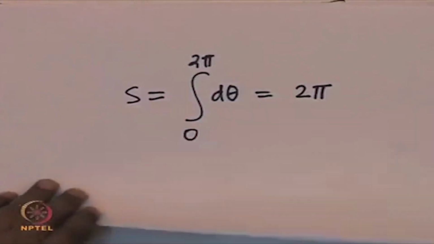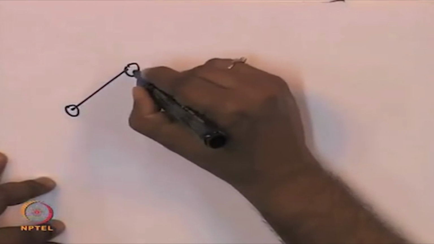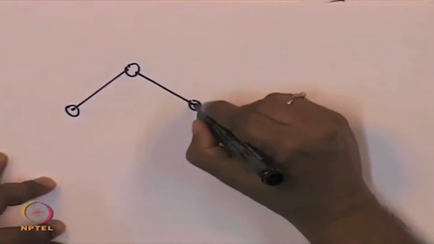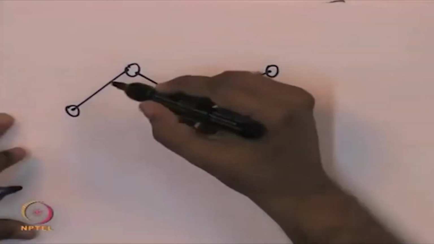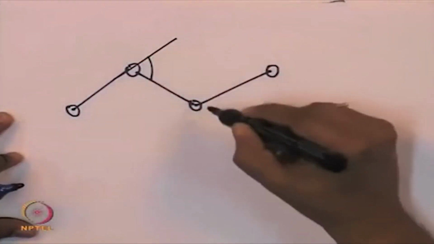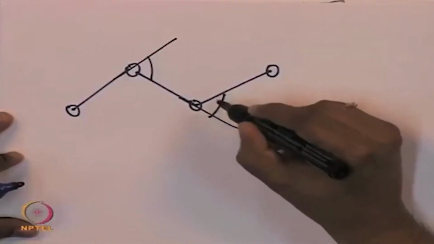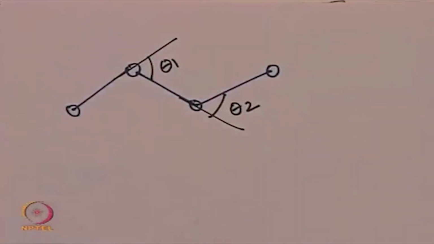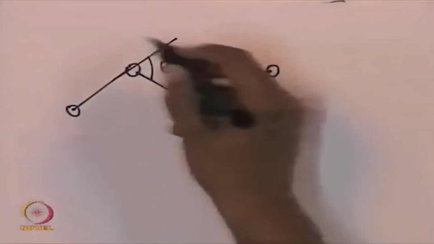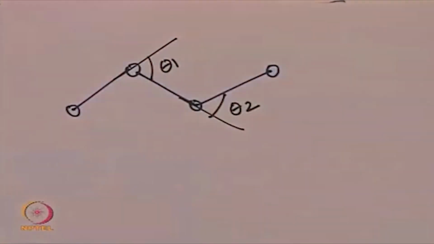Now, if you think of two such molecules, now there are 2 angles we can think of. This angle can be anything and this angle also can be anything. So, there is theta 1, theta 2, and theta 1 can be any value, theta 2 can be any value.